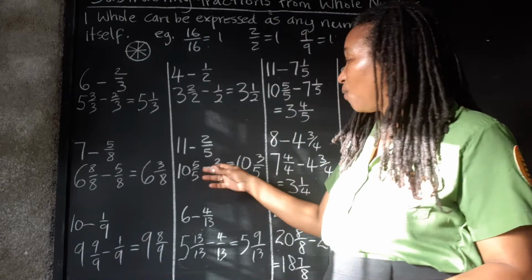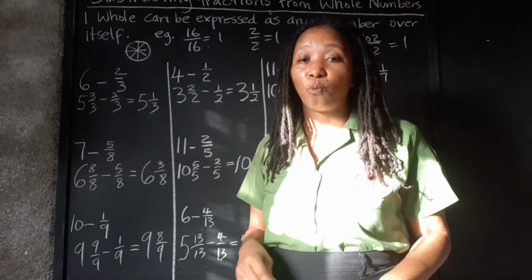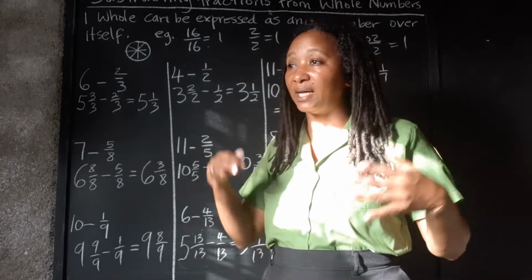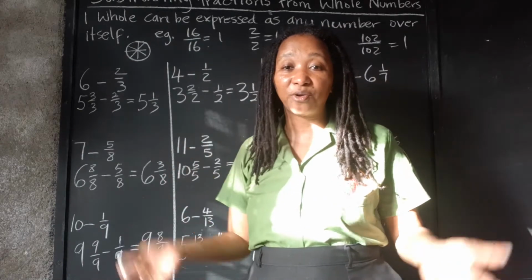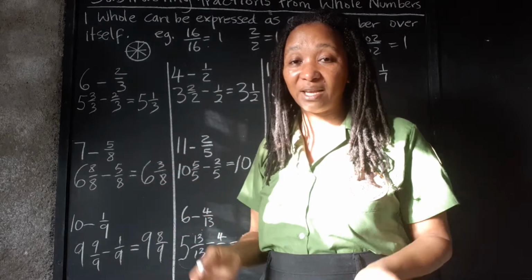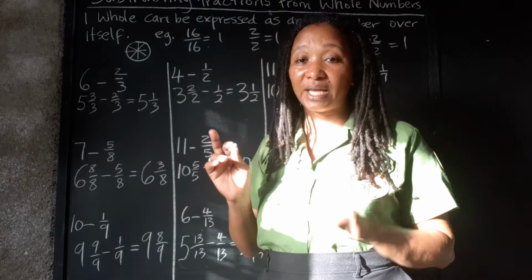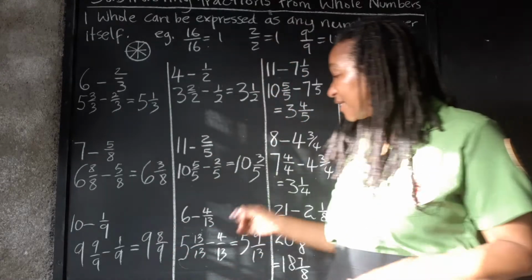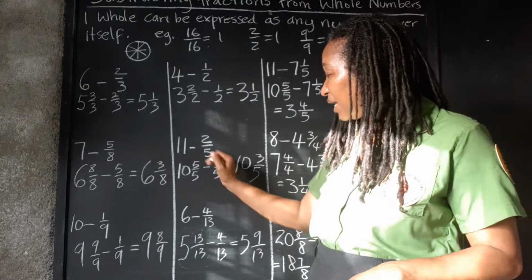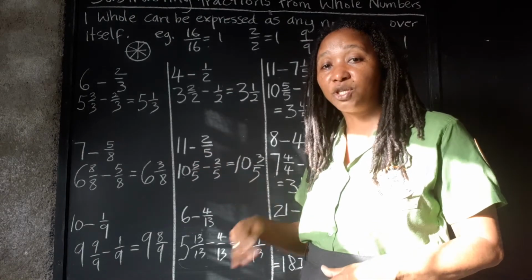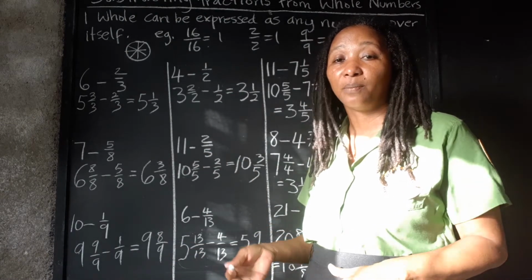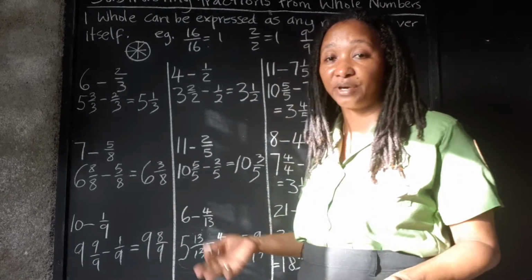So when we take the one whole from the whole number, we have the option to express that as 2 over 2, 10 over 10, a million over a million. It's still one whole. So that's why we just see which denominator we are working with and just use that one, because we can express it as that over itself.